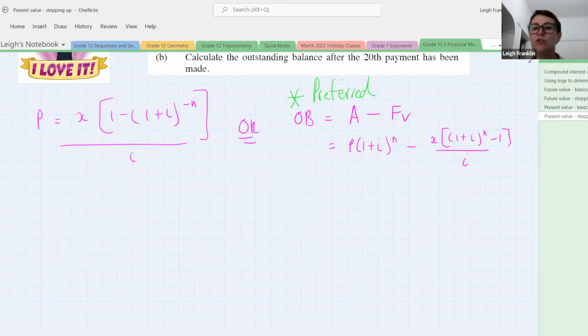What you need to remember, though, is that when we are working with the formula on the right-hand side, this n over here is the number of payments already made.